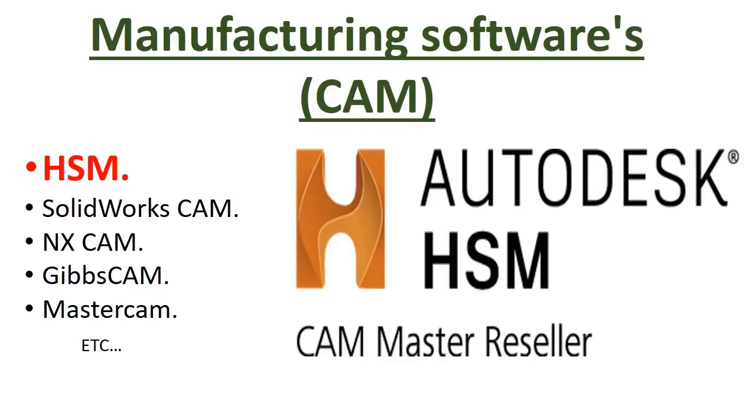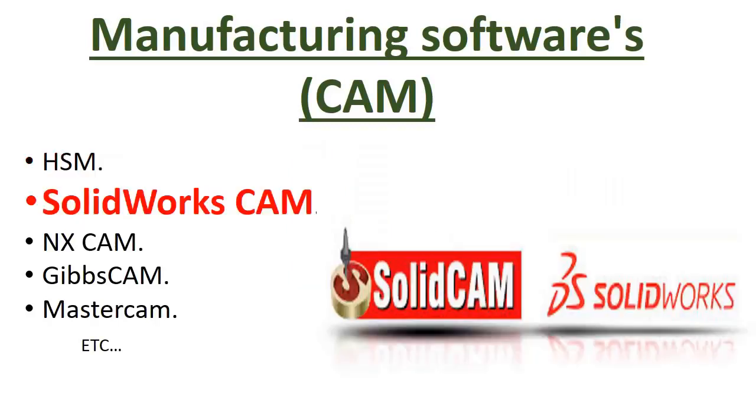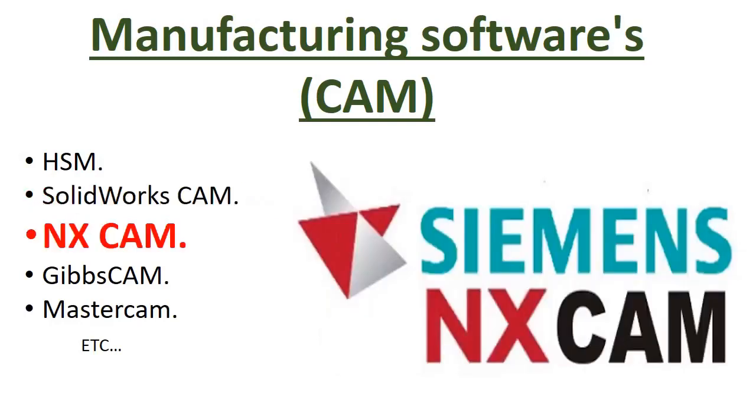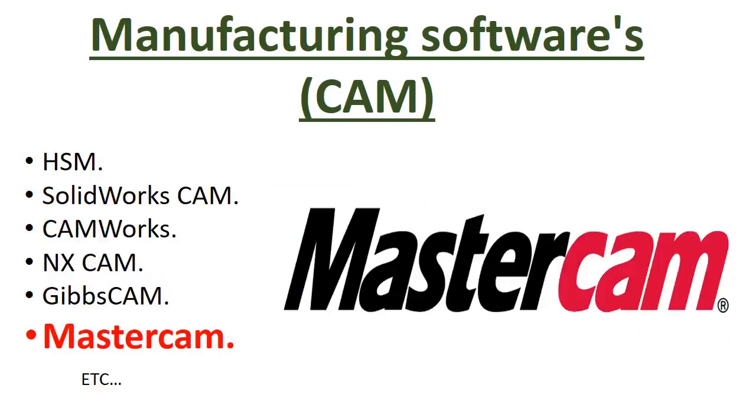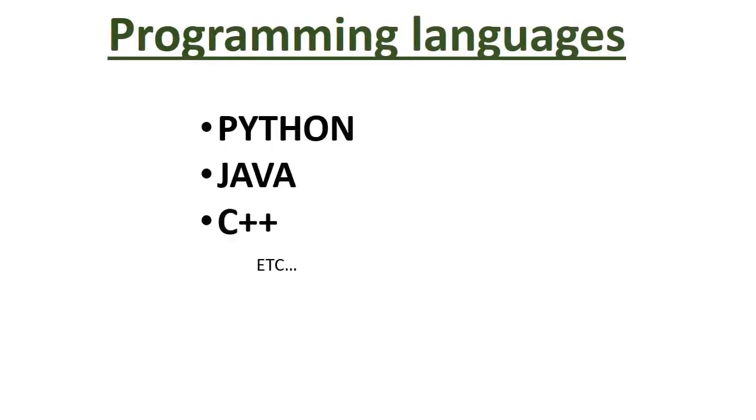First one is Autodesk HSM, Dassault Systemes SolidWorks CAM, Siemens NX CAM, Gibbs CAM, Master CAM, etc. Next are some programming languages that are good and essential for mechanical engineers. Some of them are Python, Java, C++, etc.